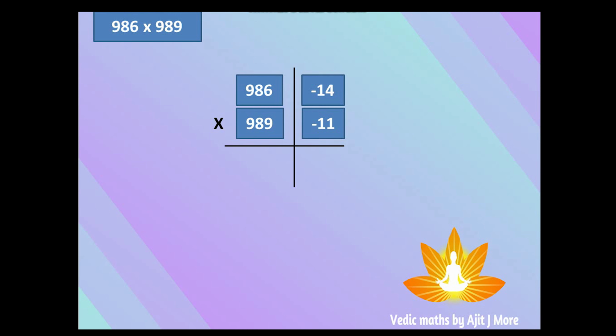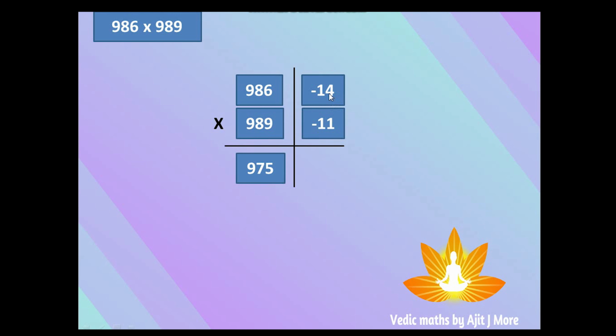First part is diagonally or crosswise addition. So 986 minus 11, or 989 minus 14, you'll get the same answer, that is 975.